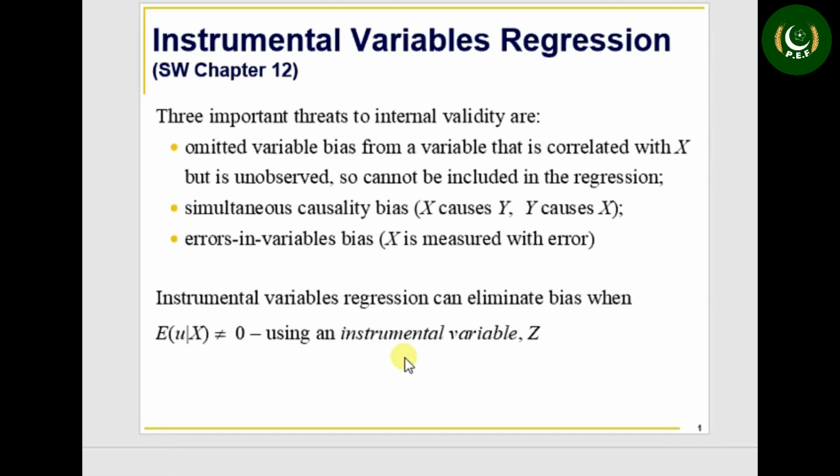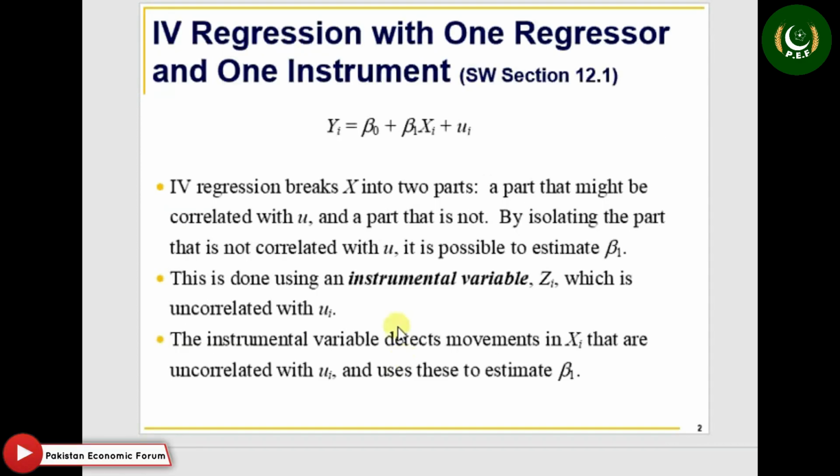Whether foreign direct investment leads to more GDP growth or more GDP growth leads to more foreign direct investment, we don't know. And if your X variable is measured with errors, in all these scenarios your X variable is correlated with U, which means your basic assumption that X and U are uncorrelated is violated. Now, what is the name of the game?